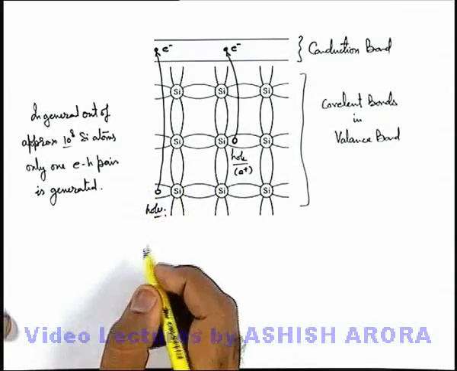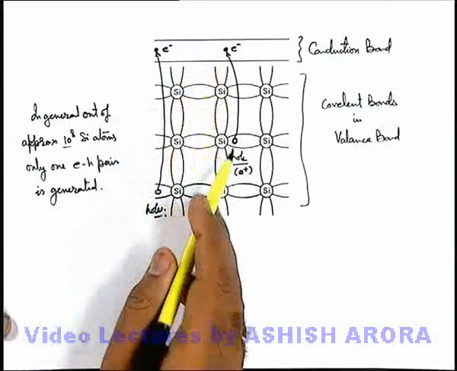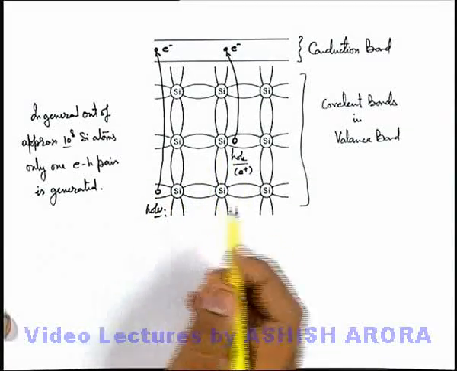So we can state in this situation, whatever density of electrons is developed, the same density of holes is also simultaneously created.